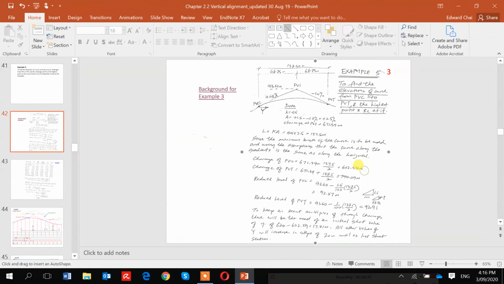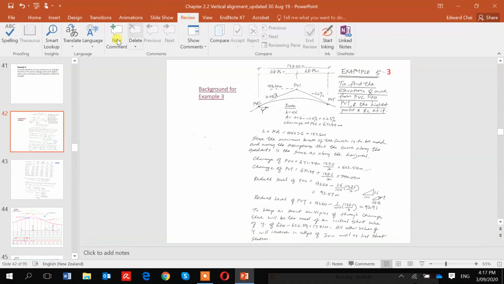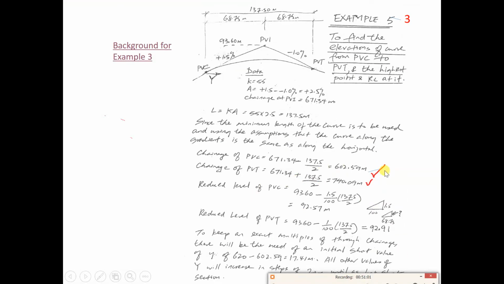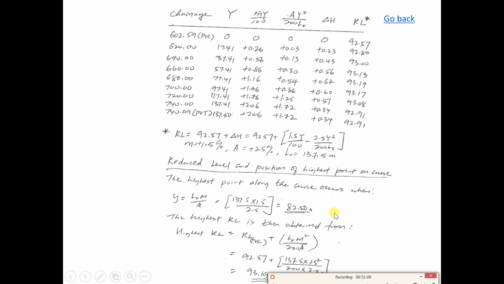I cannot draw a line. Where's the review? Inking. So the chainage is this one, and then the chainage at PVT is this one, and the reduced level at PVC, then that means this one. I think you probably cannot see well. So the reduced level of PVC here is now, I think I cannot click anymore. Oops.